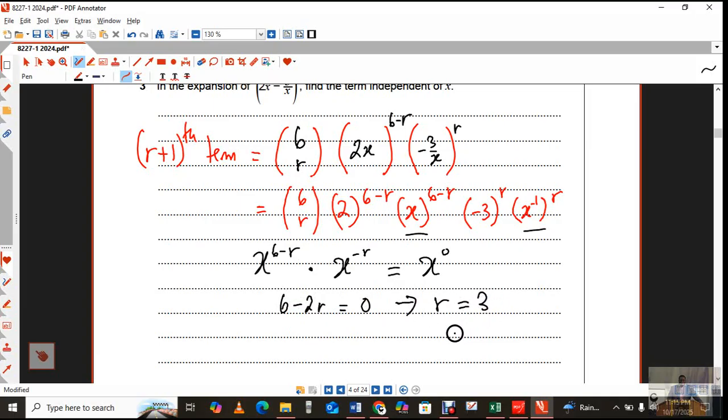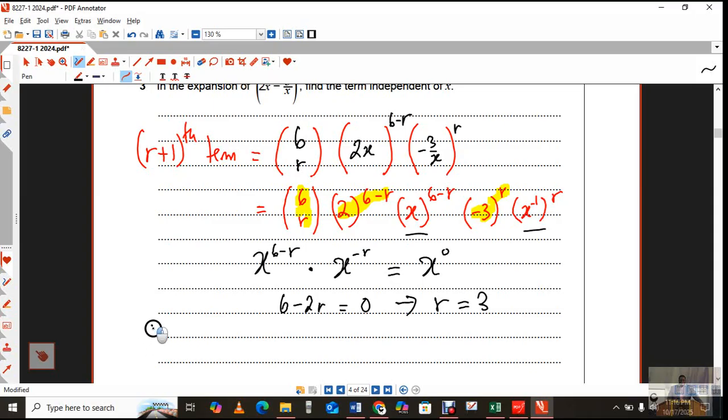Now, this is going to help us find the term independent of x. Now that I know what r is, I'm only going to take the constant terms, this and this. These are the terms that I'm going to use.